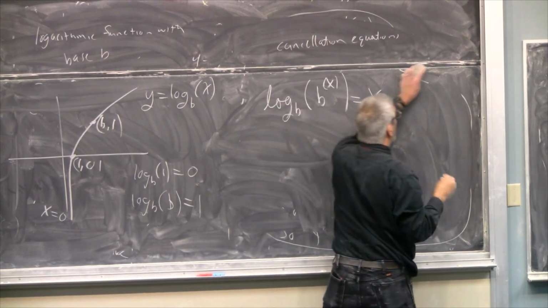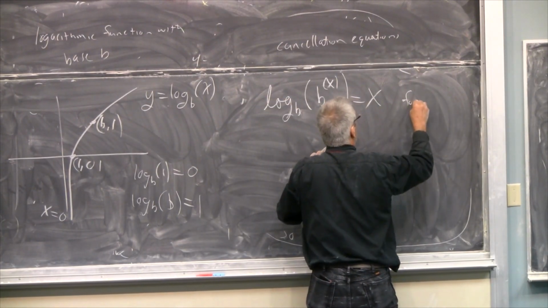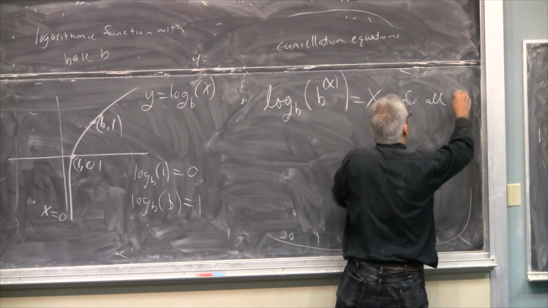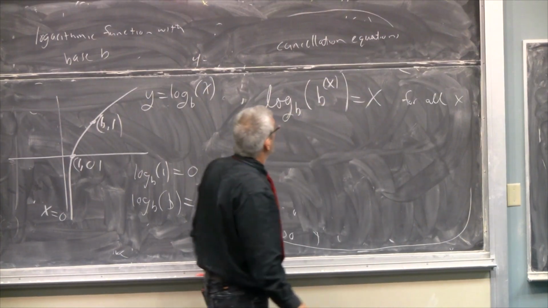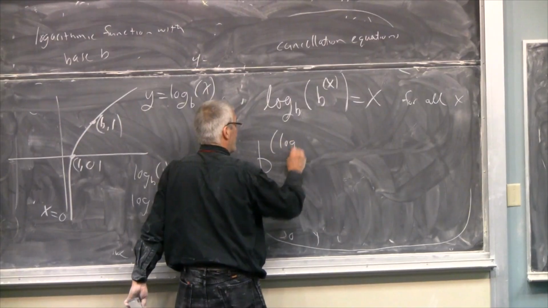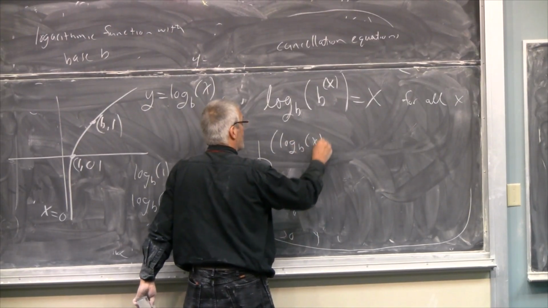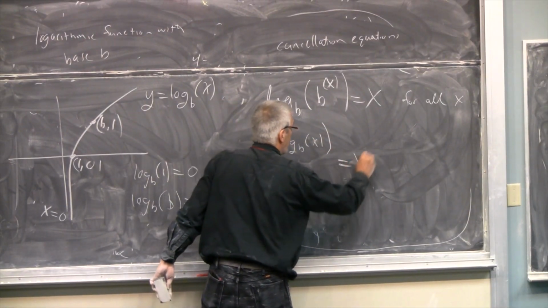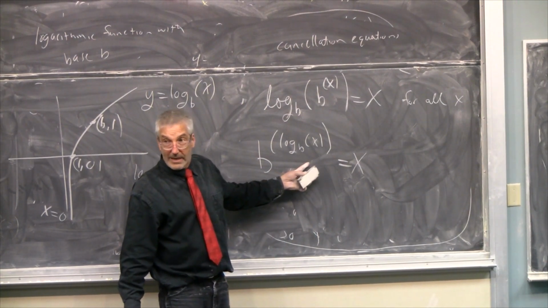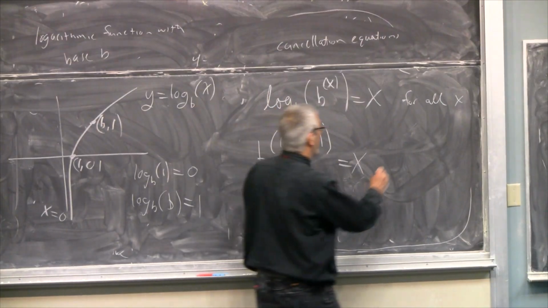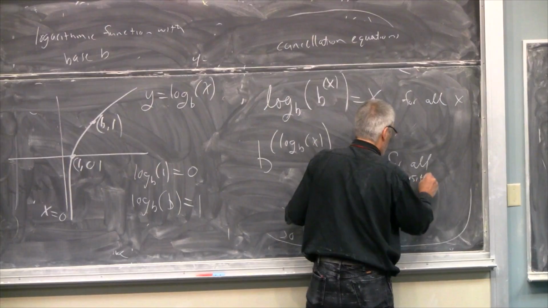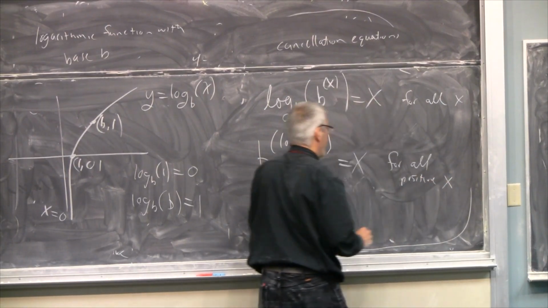That's true for all x values. Any x value that you want to use will work. But this is a little different. b to the log base b of x also equals x. But this is only true for positive x's, because I have to have an x that I can feed into the logarithm function. This is for all positive x.